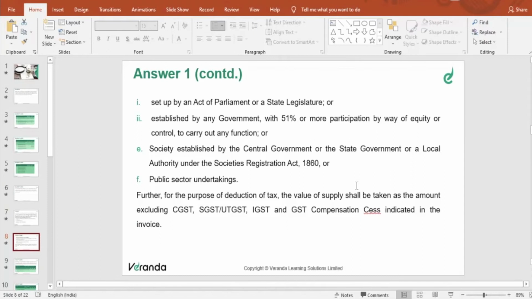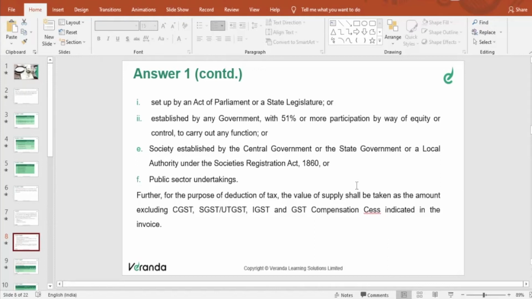Railways, come on. Then a society established by the central government or the state government or a local authority, which was our municipality and all. Oh, sorry, the other example, under the Societies Registration Act, that society which was registered by the central government, or a PSU.